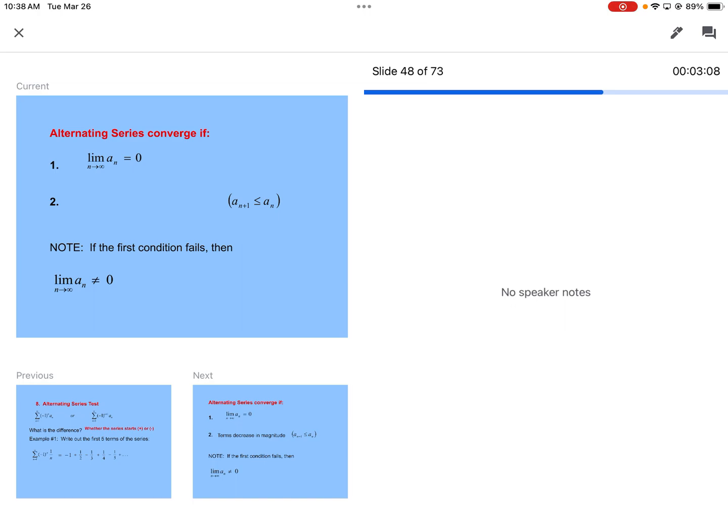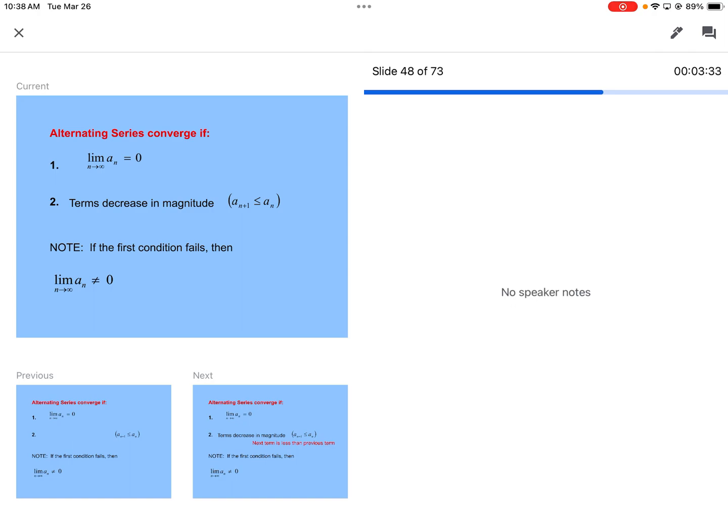But if we combine that with this fact, the terms then decrease in magnitude. Your notation for that is a sub n plus 1 is less than or equal to a sub n. That's going to be how we show this. Okay? If both things are true, then this alternating series converges.